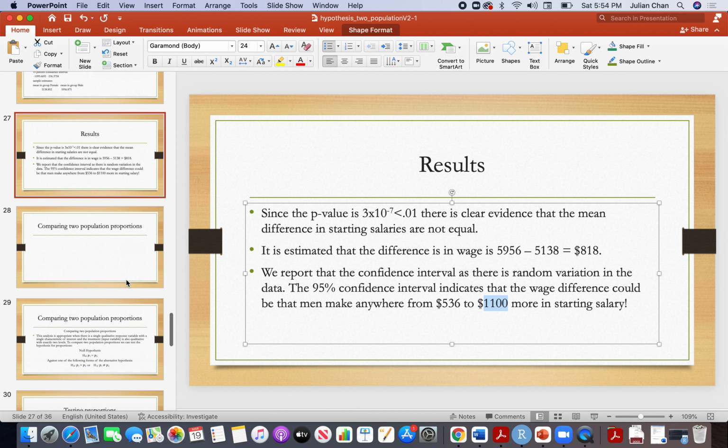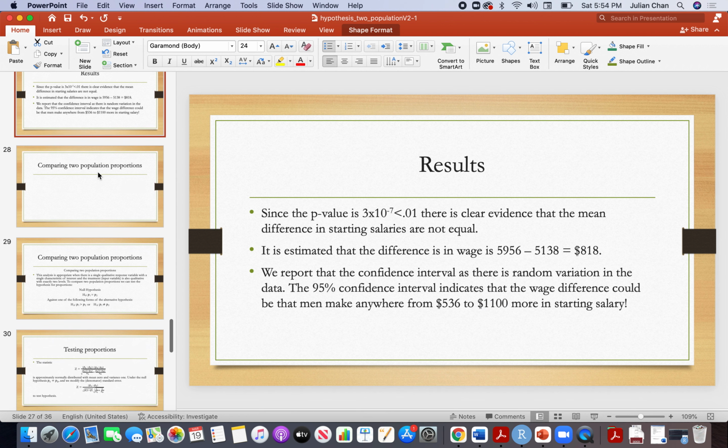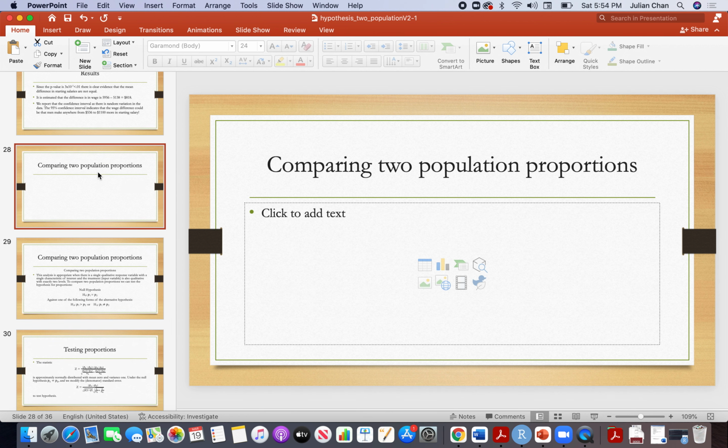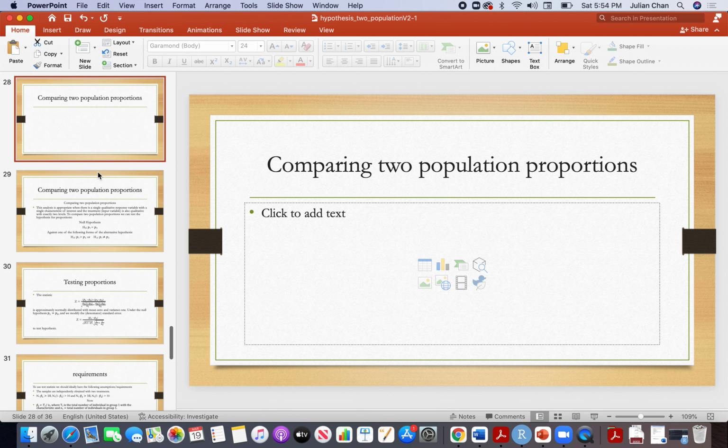Okay. Now, I'm going to move to our next and final topic, which is comparing two population proportions. This happens when we have a categorical variable and we're counting instances of that specific trait or characteristic, or category. And to do that, we'll use proportions.